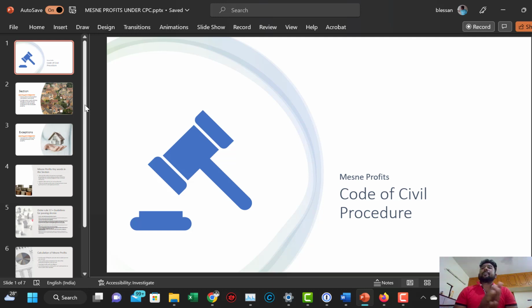Before I start the topic, let me first explain what the Civil Procedure Code is for the students who are just joining in. Civil Procedure Code is nothing but a procedural law. In laws, we have both substantive laws and procedural laws. Procedural laws are the procedures which the court uses to test the substantive aspects.